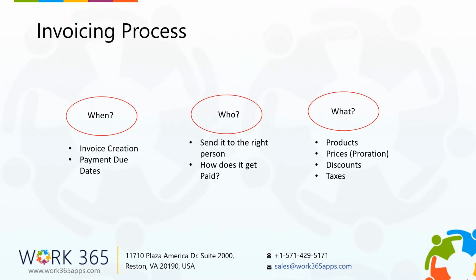And then finally, what needs to go into the invoice? So things like the products, prices, discounts, taxes, all those things are important to make sure that the invoice looks right and has all the right information for you to get paid and get it sent out on time. So this is how we see it: the when, who, what.